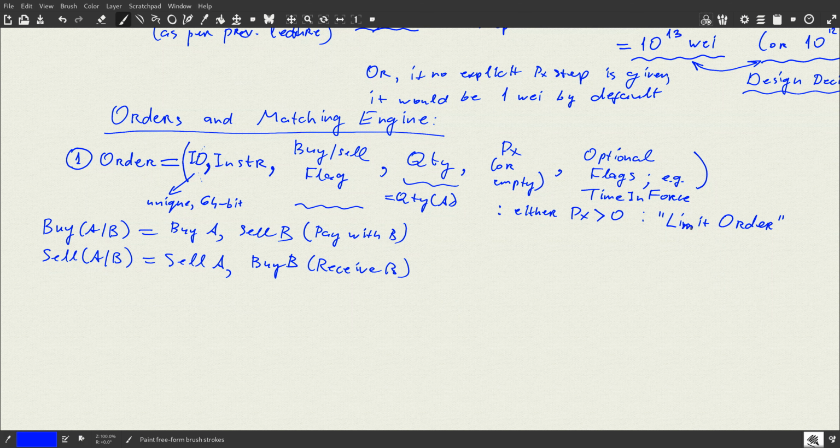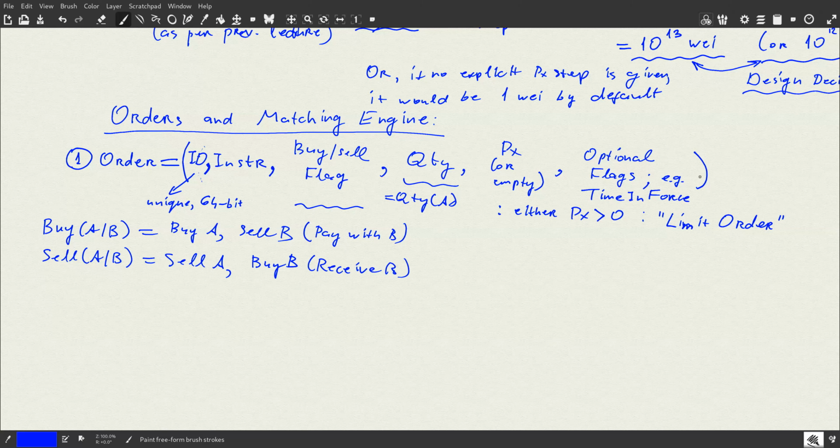But in general, we should stop trading and suspend our system if for whatever reason it happened that the prices are going to zero. Let us really say that we are restricted to having positive prices. And if the price is positive, we for the moment say that it is a limit order.